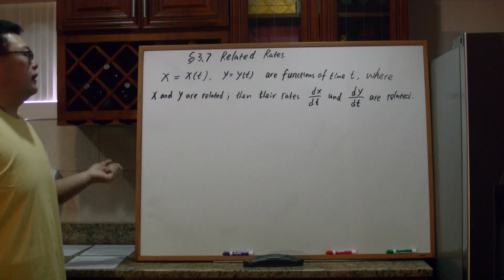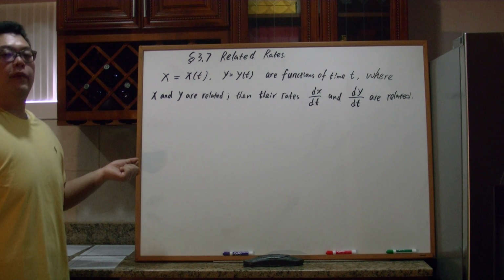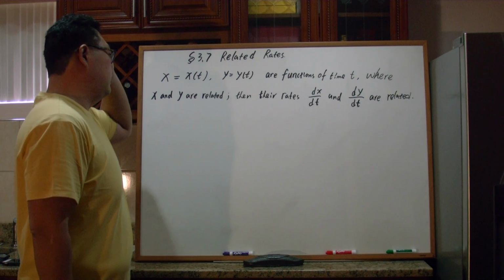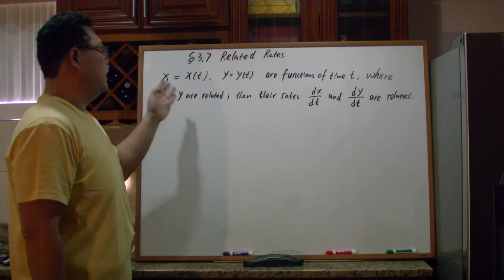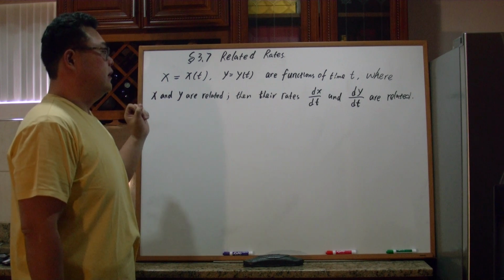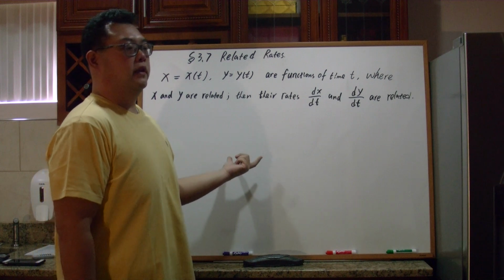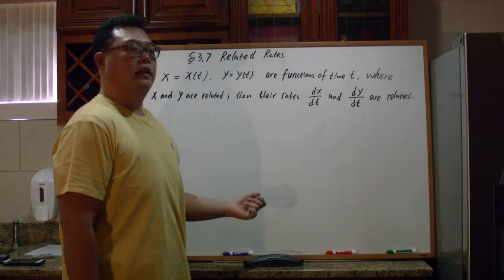Basically our variables are changing based on time changing. Then from some wording in the question, we know the variables are related. Then we take the derivative using implicit differentiation. This time our variable is time, basically the chain rule.